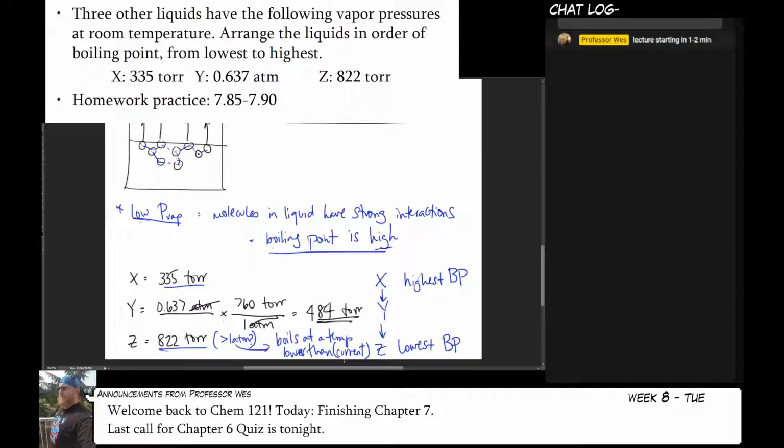If you could have liquid nitrogen that had been heated to room temperature, its vapor pressure would be well above 760. And thus, once you immediately open the container, it would instantly start to boil. And that's why we refrigerate liquid nitrogen.